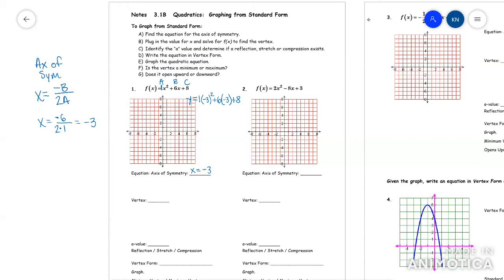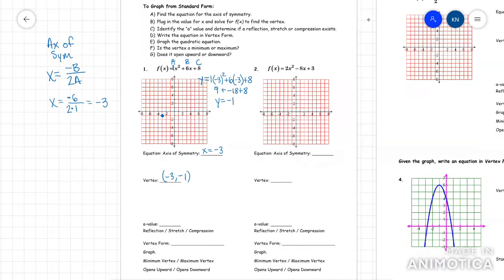So if you do this, -3 squared is 9, plus 6 times -3 is -18, plus 8. That's a value of -1. So now I know my vertex is -3, -1. Right there.